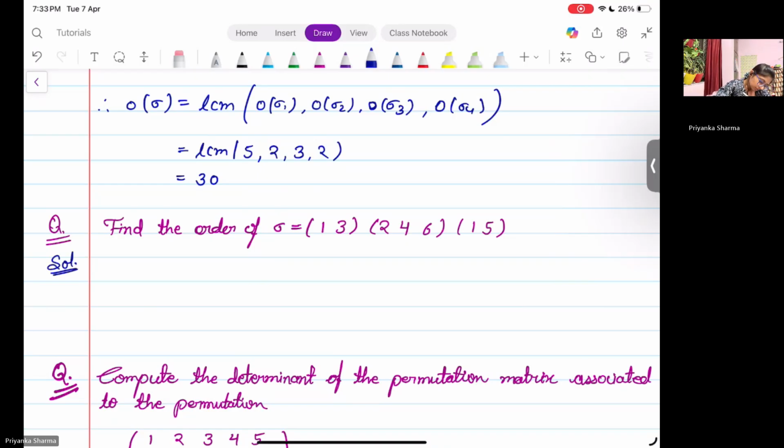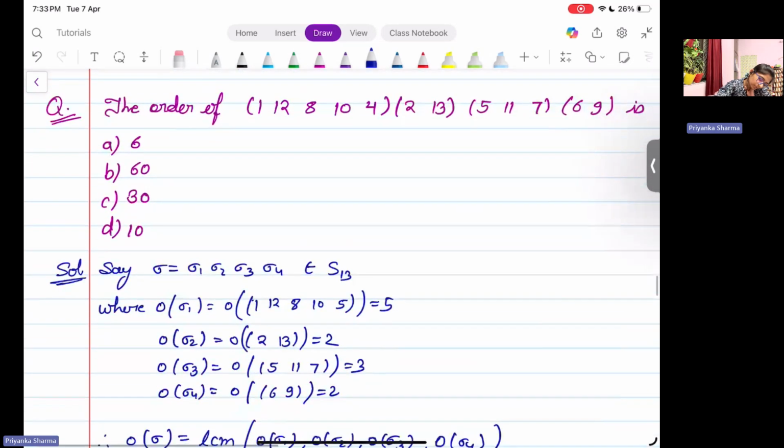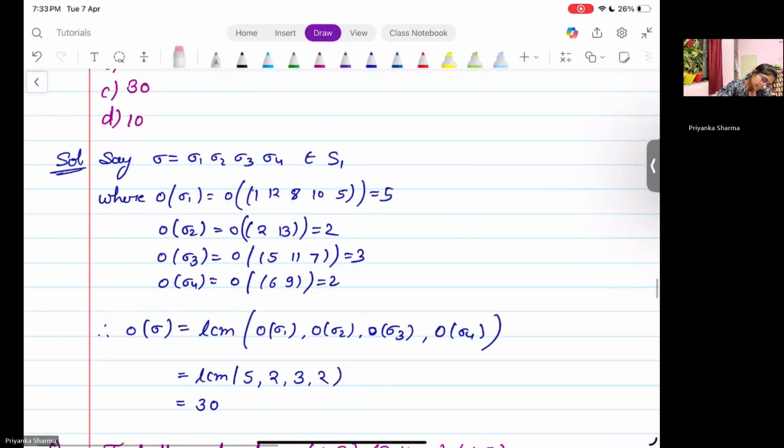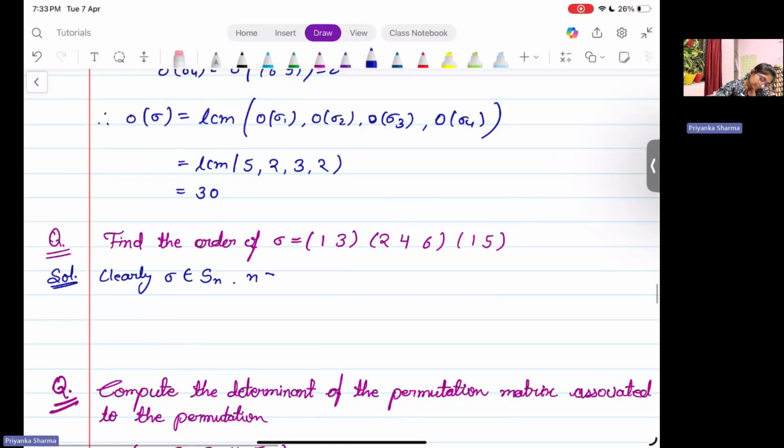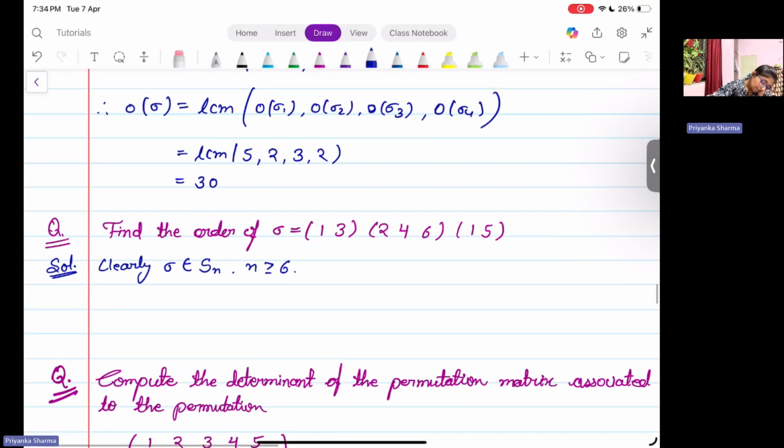Clearly this sigma belongs to some Sn where n is greater than or equal to 6. Maybe it is an element of S8 where the image of 7 is 7 and the image of 8 is 8. So that's why I'm writing like this.